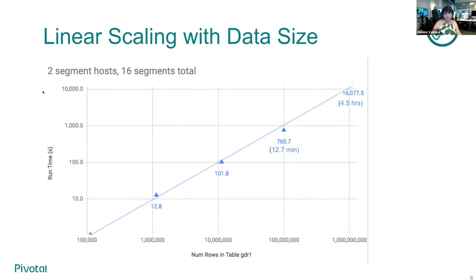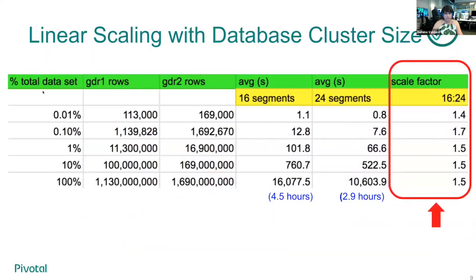And this is for only 2 segment hosts, a very similar line. It's basically just the entire line shifted by 50% faster. Oh yeah, here are some charts with the actual number of rows we used, and basically we took 10% of the data set, 1%, 0.1%, etc. Going from the 16 segments to 24 segments, you get this scale factor increase.